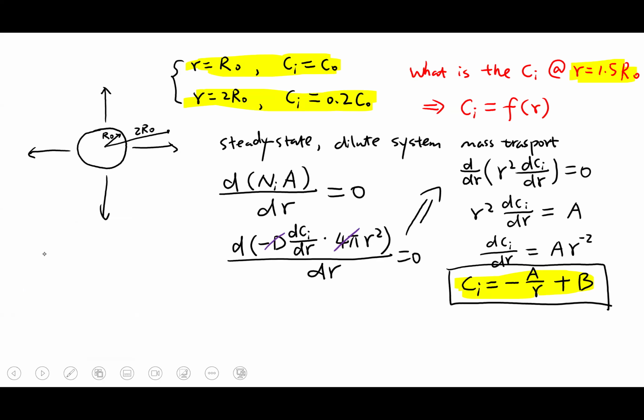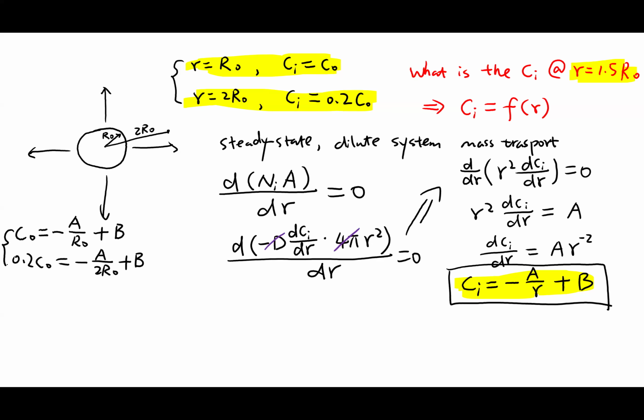So let's apply the first boundary condition. What we got from the first boundary condition is C naught equal to negative A over R naught plus B, right? And from the second one, we got 0.2 C naught equal to negative A over 2R naught plus B, okay?